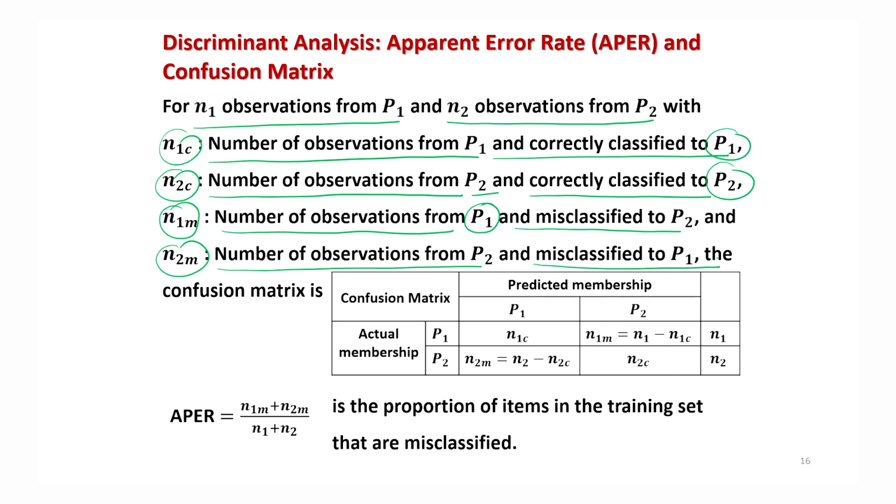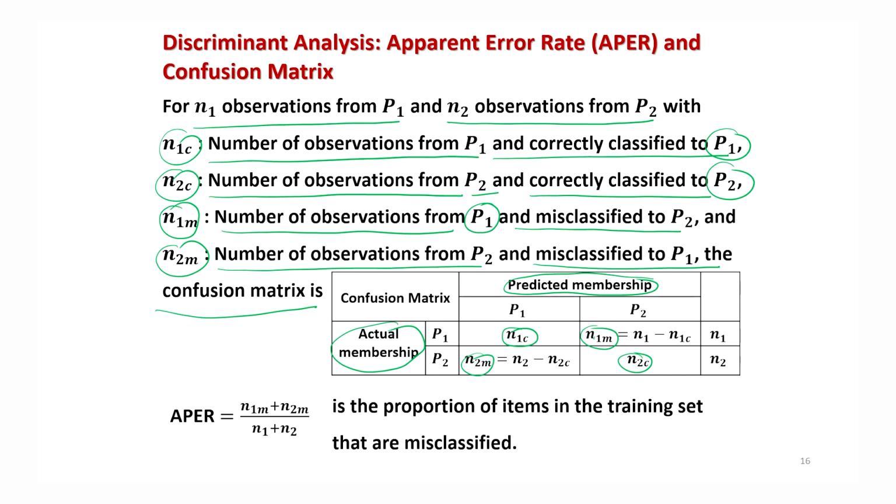All these observations can be represented in the form of this 2 by 2 matrix, which is called a confusion matrix. There are two ways: the predicted membership and the actual membership in the two populations P1 and P2. So now you can write down n1c, n2c, n1m, n2m like this.